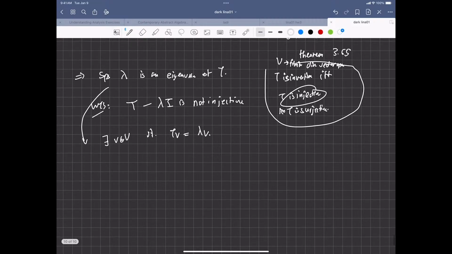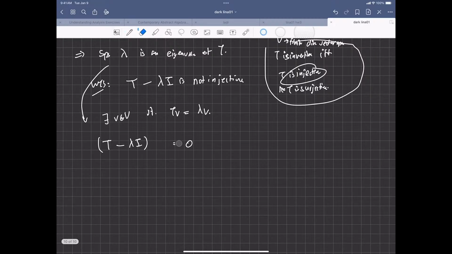So what does that mean? First of all, we would like to see how this linear map acts on v. This means that v is not 0.